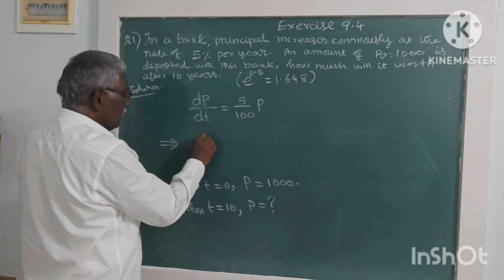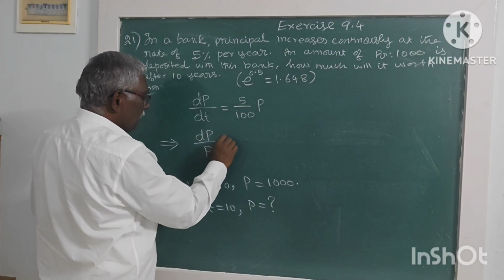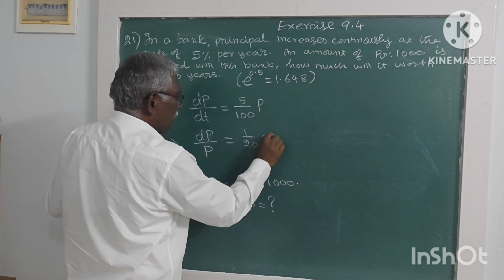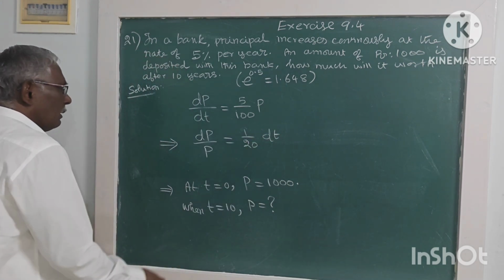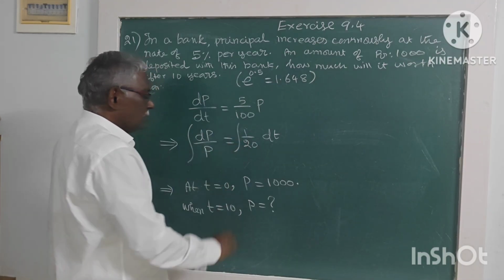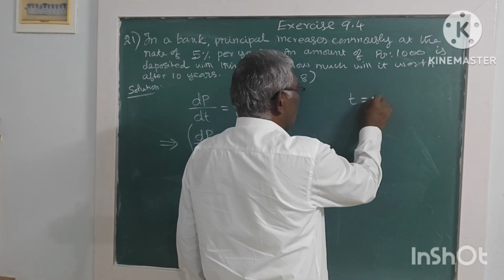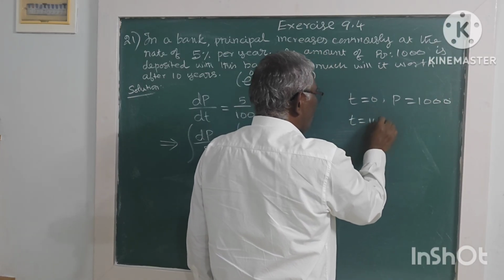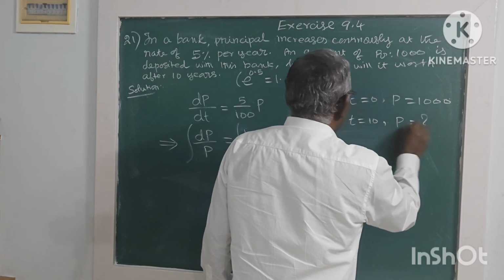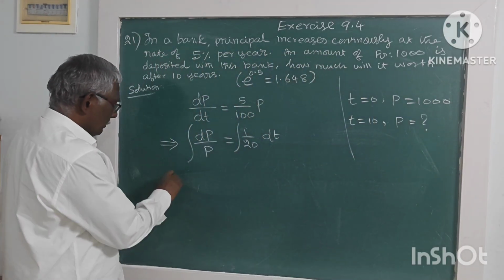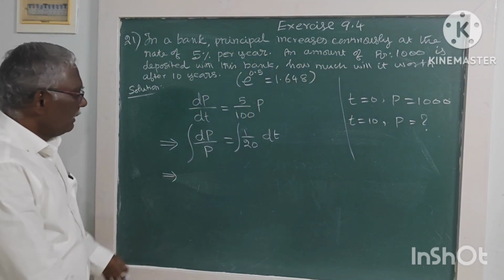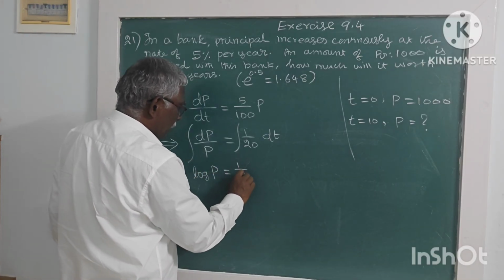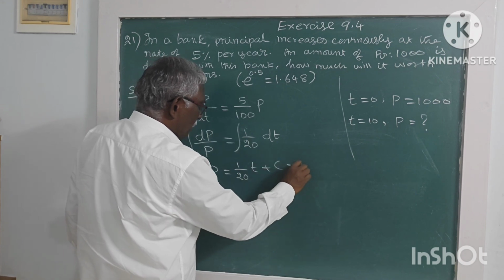So we can rewrite this as dP by P is equal to 1 by 20 times dt. On integrating, we get log P is equal to 1 by 20 times T plus constant.